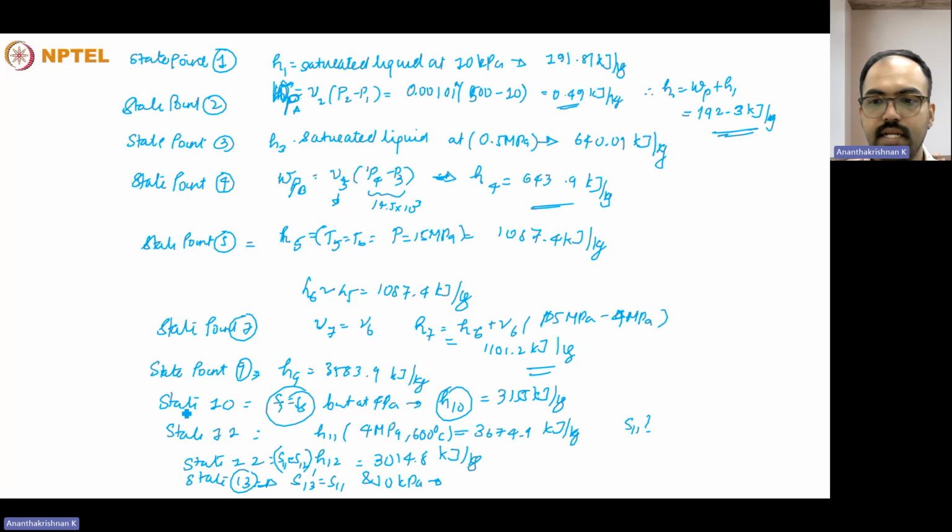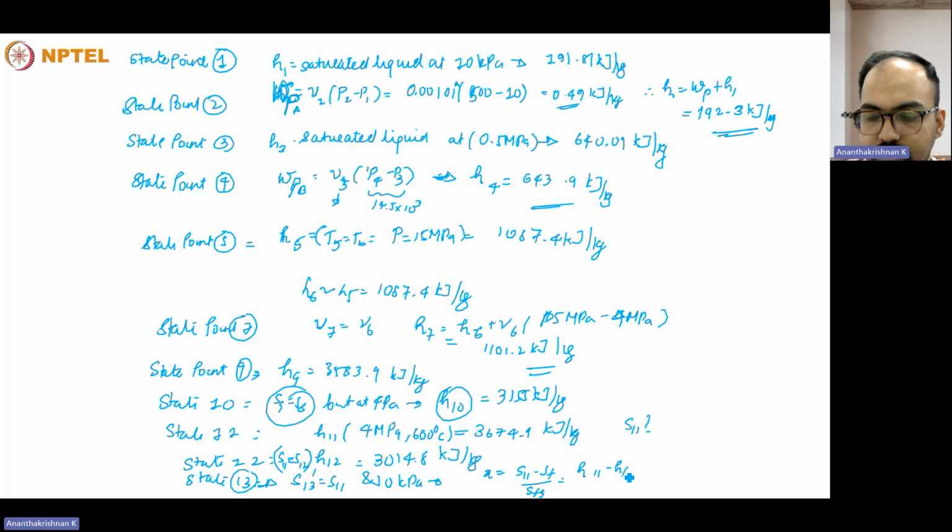Right now we do not know the entropy and the quality of the steam at that point, so I can straight away give that using x equal to S11 minus Sf divided by Sfg, and using that we'll get the enthalpy as well.